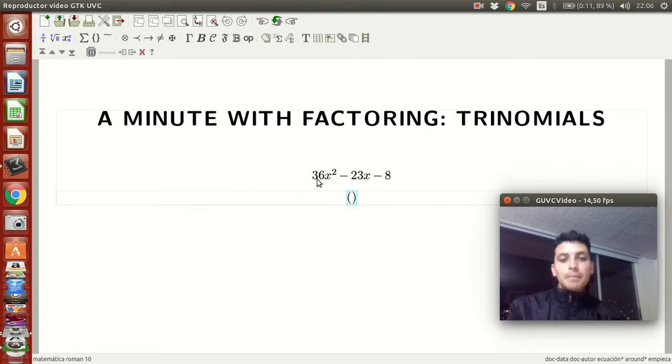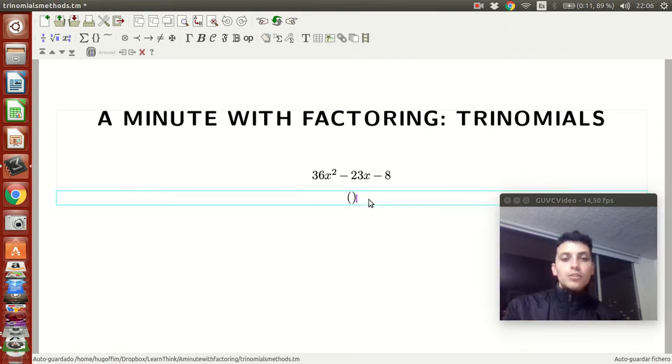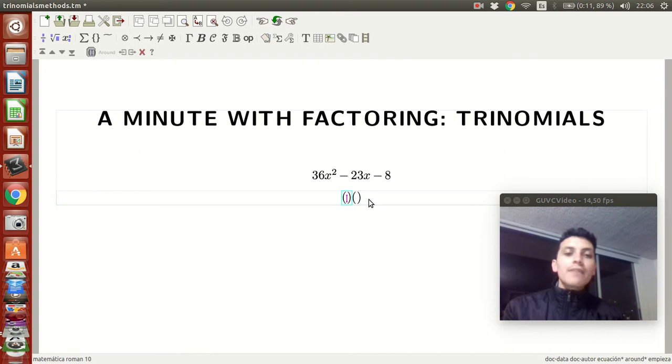Let's see the polynomial. Remember that for the trial and error method, we just have to find the multiplication of the first two terms, find the multiplication of the last two terms of the binomials, and be aware of the result. For example, 36x squared and 8. We're going to try with 36 and x.